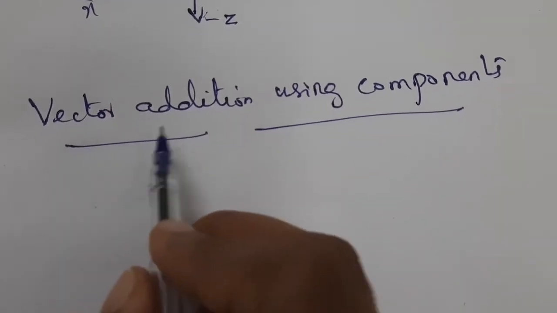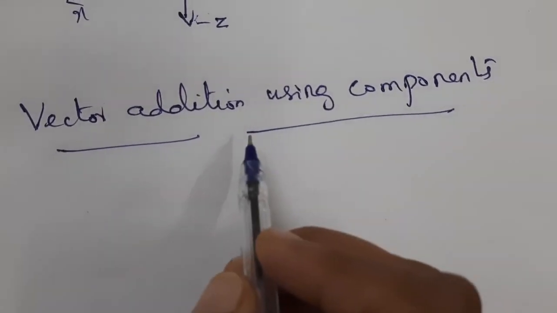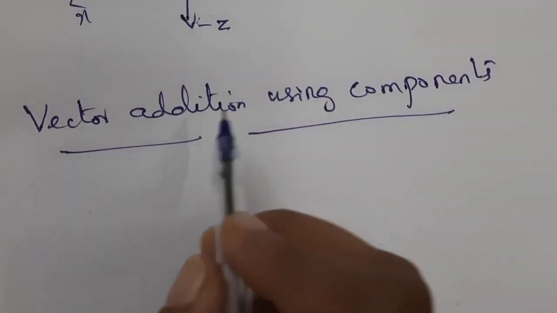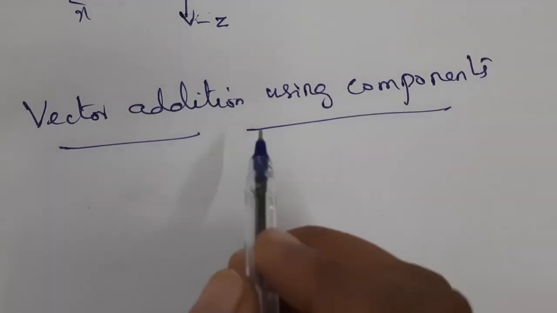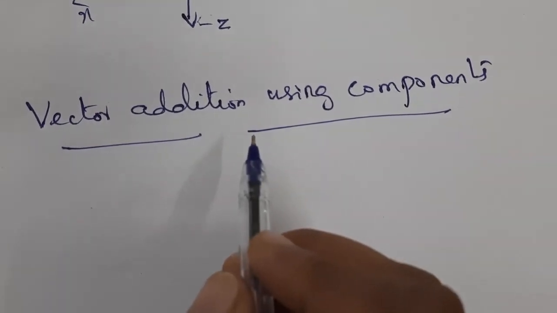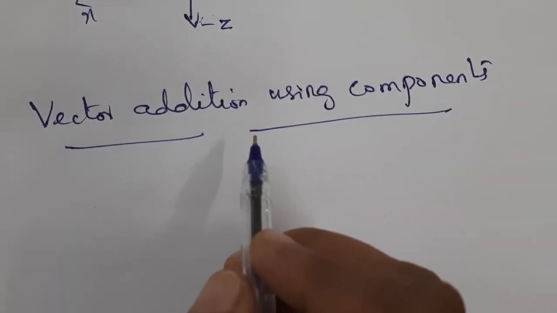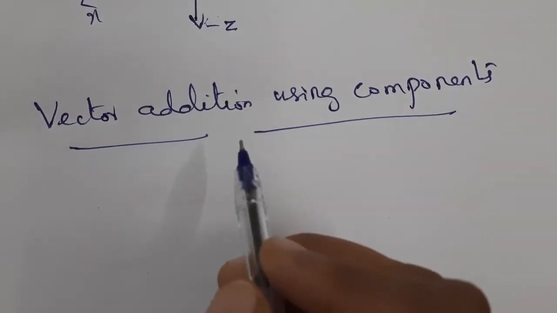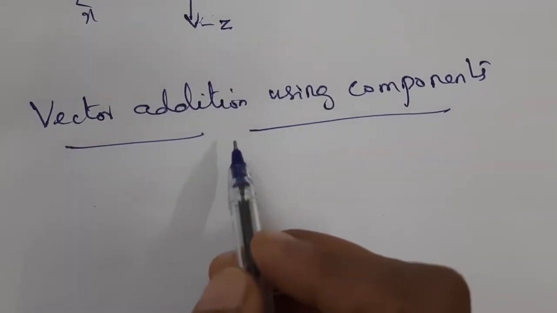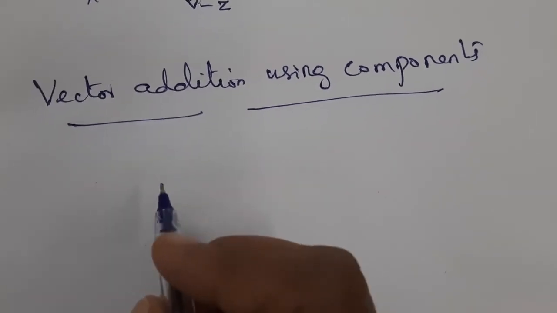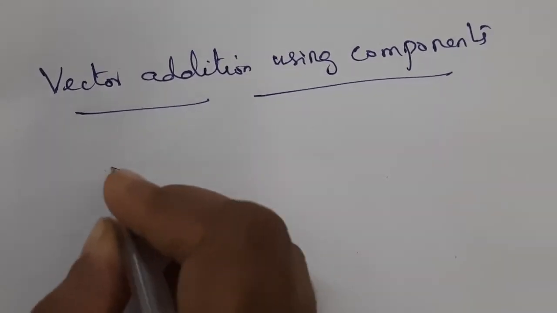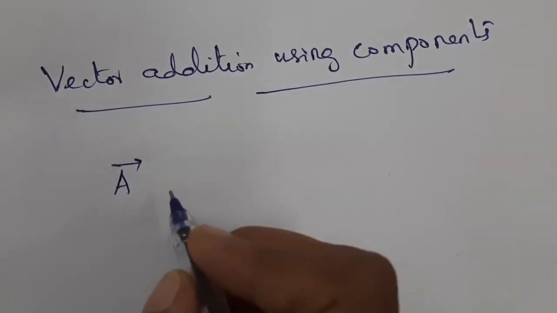Now, vector addition using components. Once we choose a coordinate system, the addition and subtraction of vectors becomes easier. Consider the two vectors, a vector and b vector, in the Cartesian coordinate system.